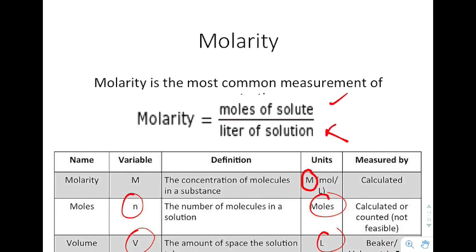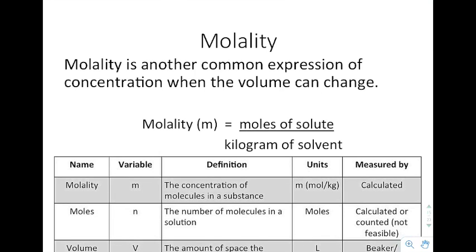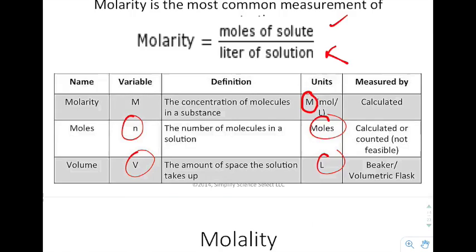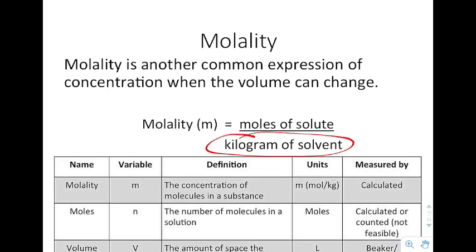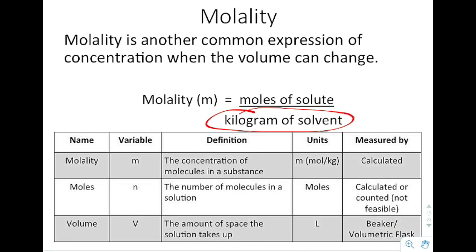The only difference between the two is kilograms of solvent as opposed to liters of solution. Molality is expressed as a lowercase m, and it tends to be an italicized or cursive m as opposed to a regular print m, just to indicate that it's molality as opposed to mass or something else.